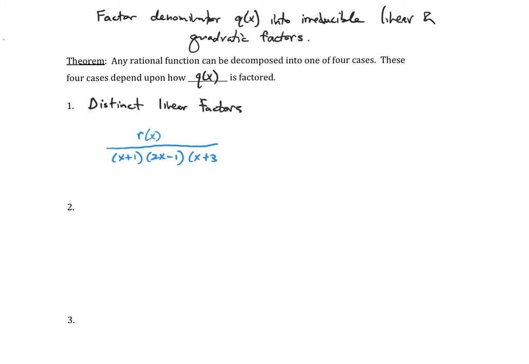And what the partial fraction decomposition says is this entire rational function here can be broken up into 3 smaller pieces. Each linear factor is going to be its own denominator. So you have x plus 1, a 2x minus 1, and then an x plus 3.